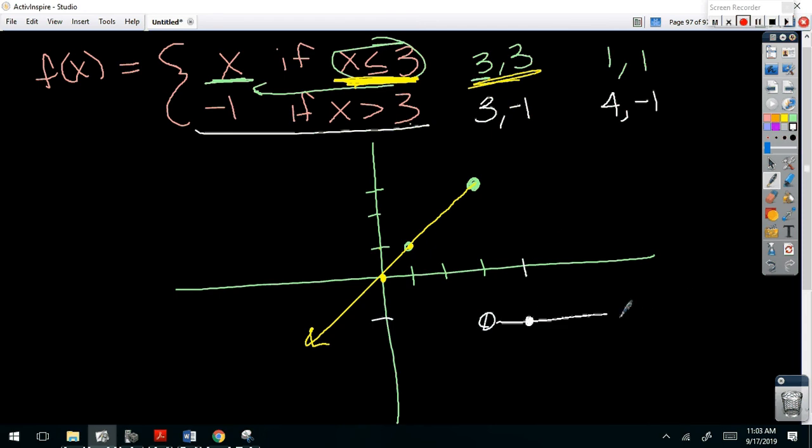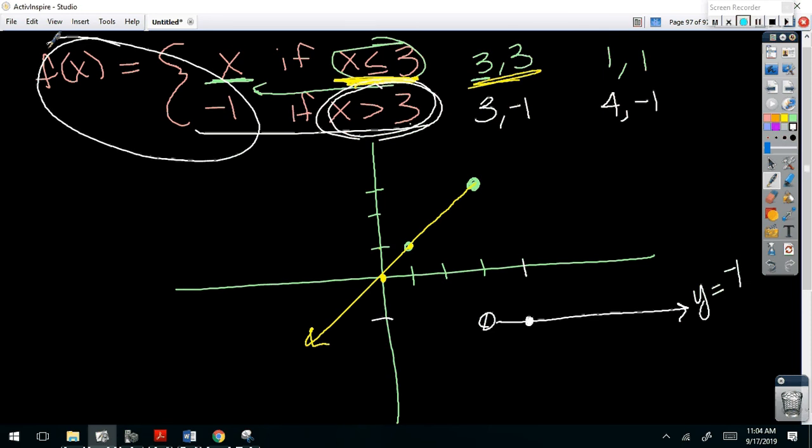Why what? Because the restriction says bigger than 3. Why would it go down? It would go up. This is the line y equals negative 1, which is this. The only difference is I've restricted it.